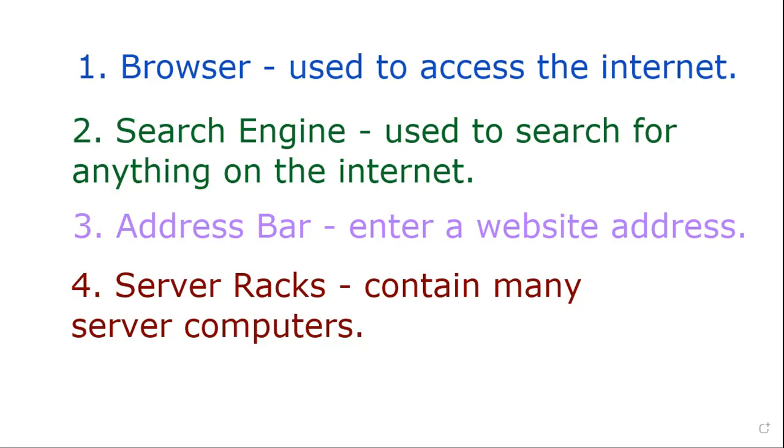And also that a search engine is part of a browser. Each browser has a default search engine. You can go in and change the search engine that you want to use.